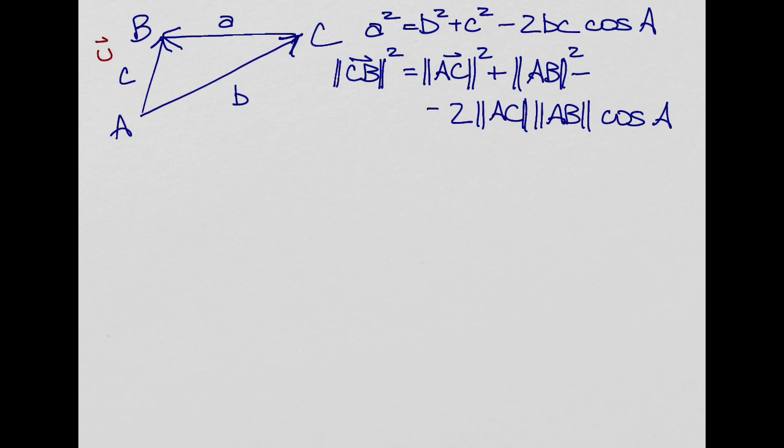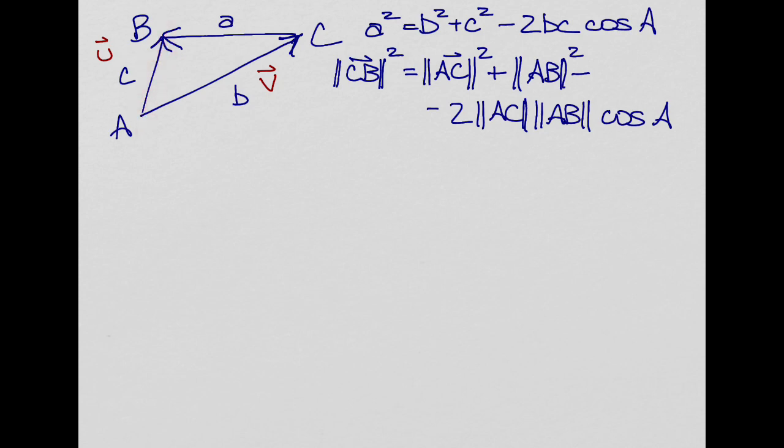And the one from A to C, I'm going to name V. And then the one that goes from C to B, let's see. If I start at angle A and go to C and then B, I'm adding these two vectors. I'm adding AC plus CB, and the resultant is the vector that goes from A to B.